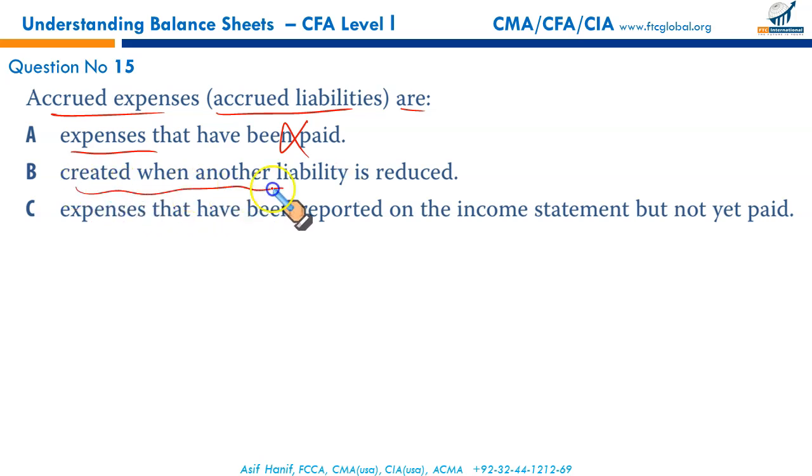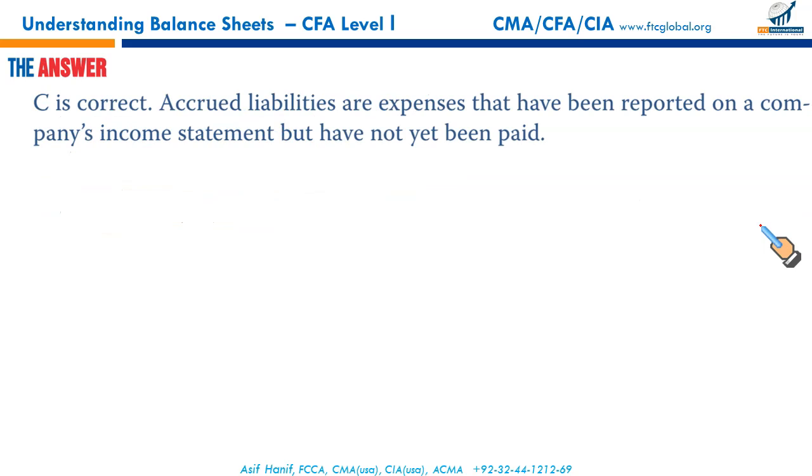They are created when another liability is reduced? Wrong. They are created when expenses have been incurred and are to be charged on the income statement but have not yet been paid. Expenses that have been reported on the income statement but not yet paid are called accrued expenses. Right, so next, that's C.